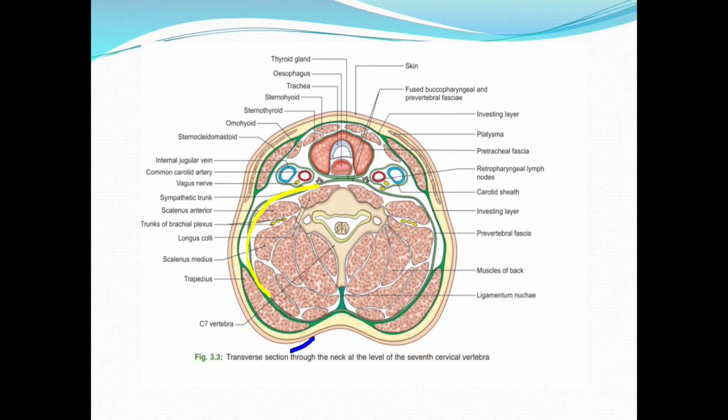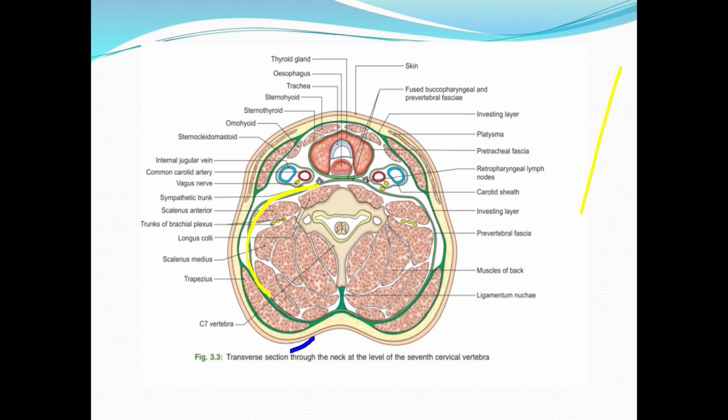So this prevertebral fascia forms the carpet of the posterior triangle. It means it is covering the floor. The muscles present in the floor of the posterior triangle are covered by the prevertebral layer of deep cervical fascia. Okay, so these are the muscles shown here in this picture.